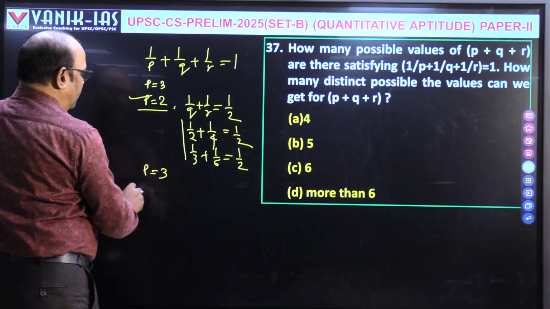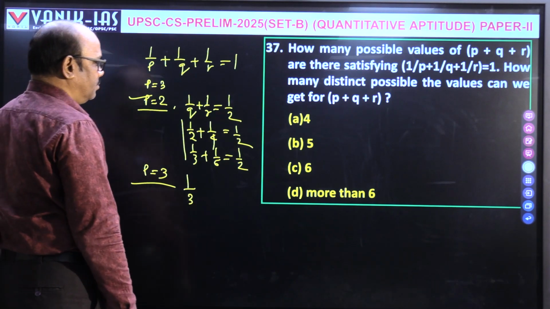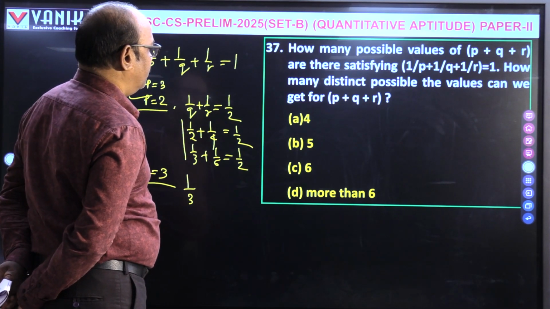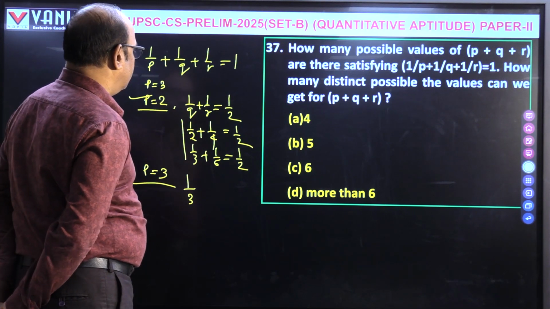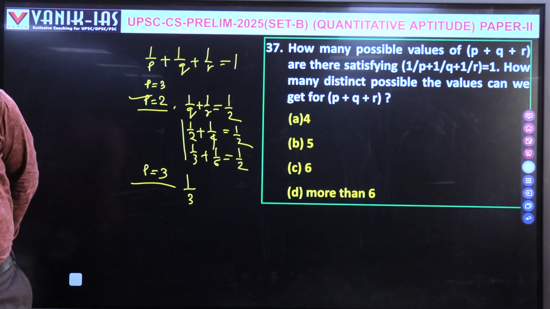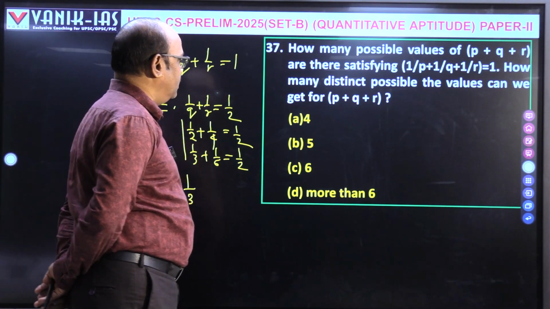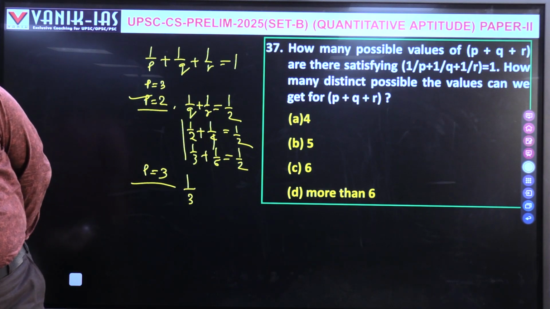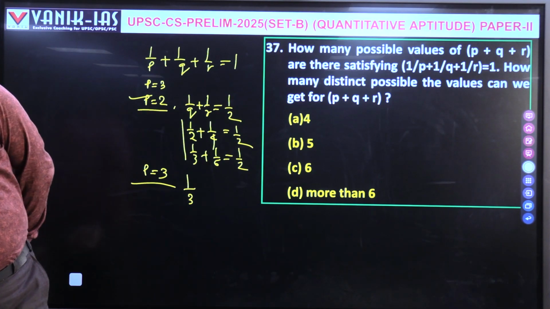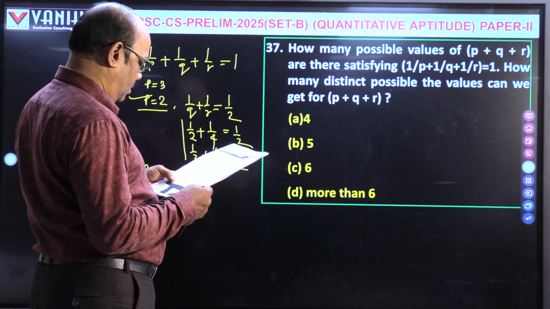Next is P equal to 3. Then 1 by 3, 1 by 3 and 1 by 3 is also a possibility. But the options given, question number 37, seem wrong: none, 1, 3, more than 3.